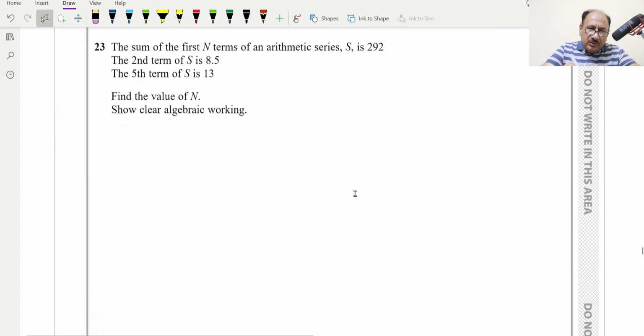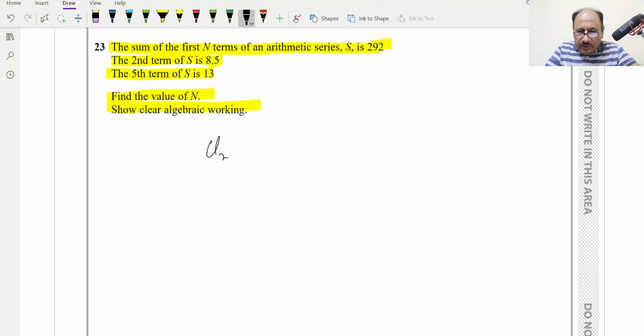Now question number 23, it says that the sum of the first n terms of the arithmetic series S is 292, the second term of S is 8.5, and the fifth term of S is 13. Find the value of n. Show your working clearly. So we can write the nth term formula.